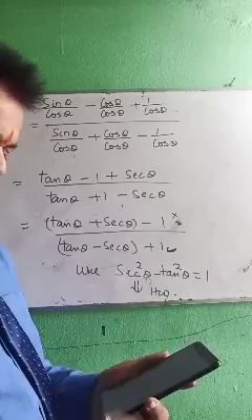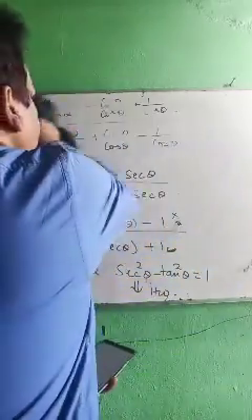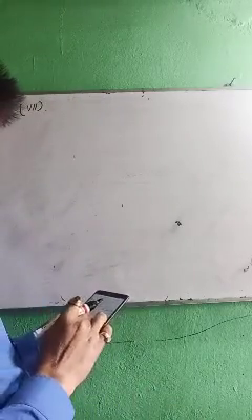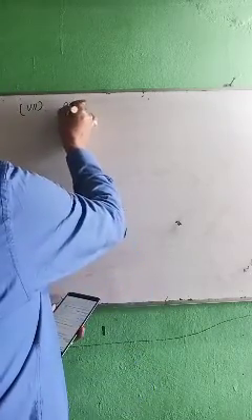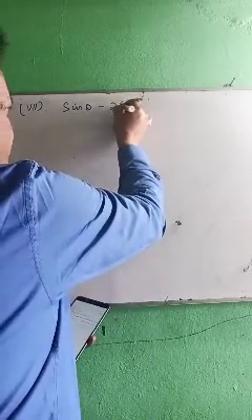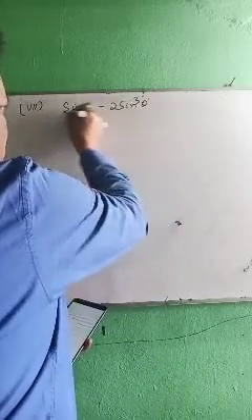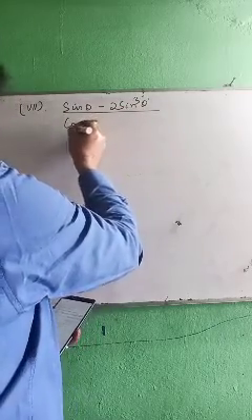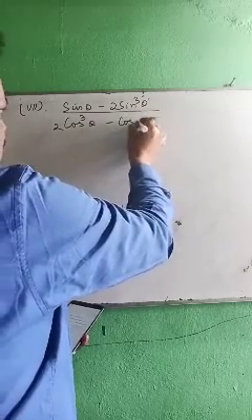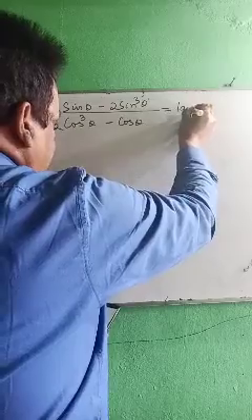sixth we have done, seventh part you see. Seventh part, that is (sin theta minus 2 sin cube theta) divided by (2 cos cube theta minus cos theta) equals to tan theta.